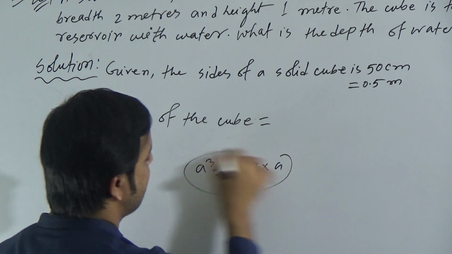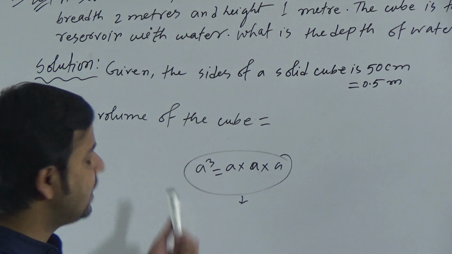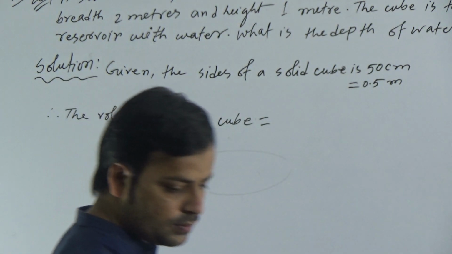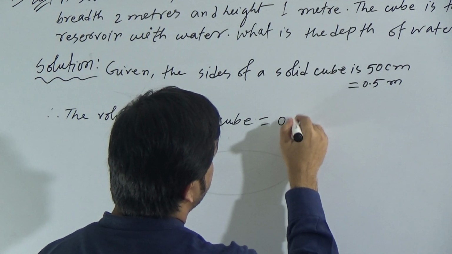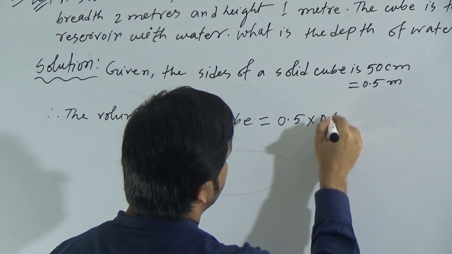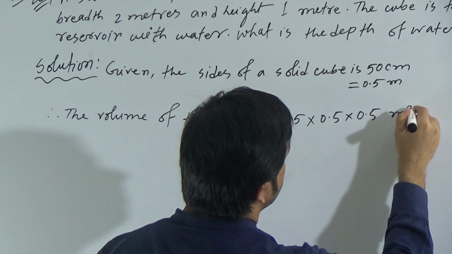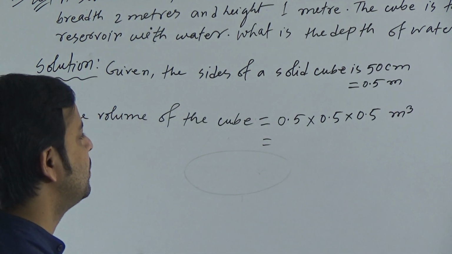If we multiply the side 3 times, we will get the volume. So we can write here 0.5 multiply by 0.5 multiply by 0.5, and the unit will be cubic meter, it means m cube.